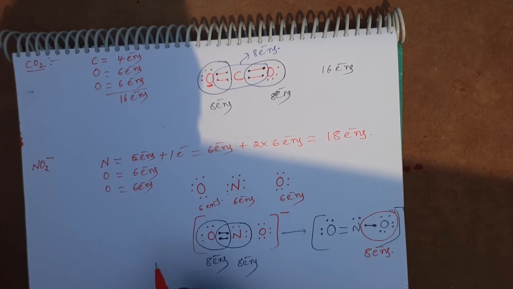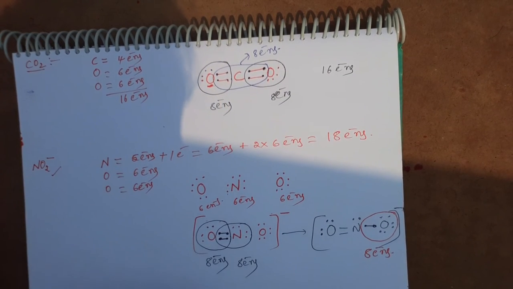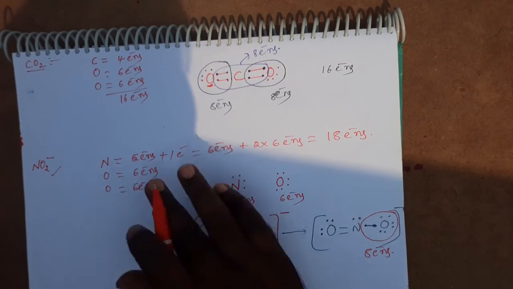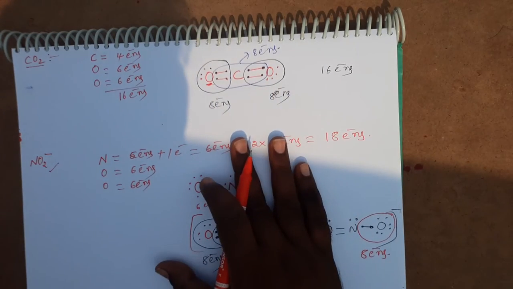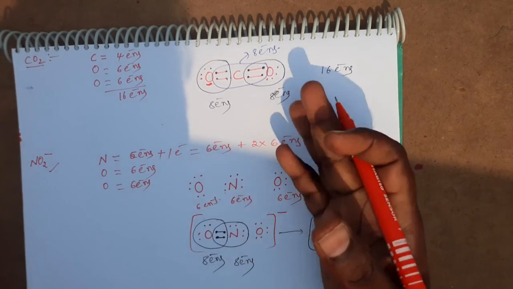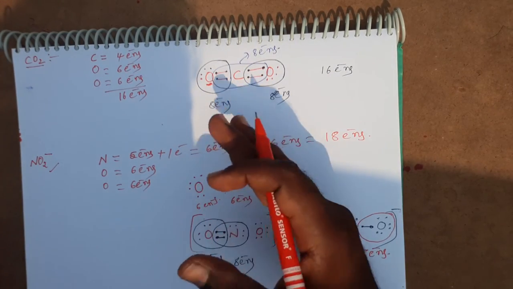This is the structure for NO2 minus, children. These are all Lewis dot structures, very important for 10th class and intermediate, either IIT exams and mains and NEET exams.